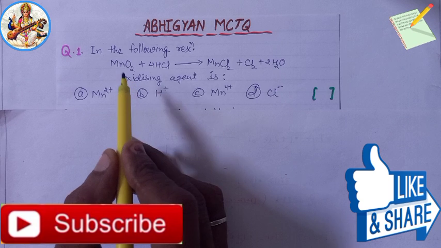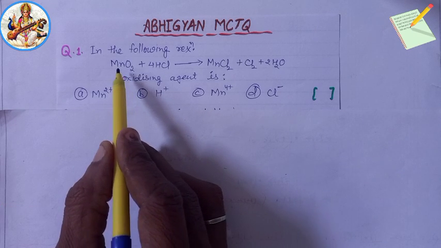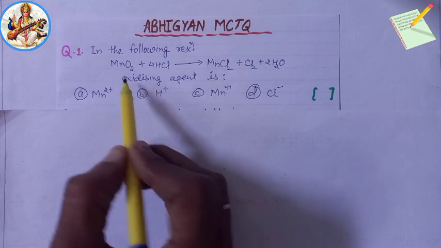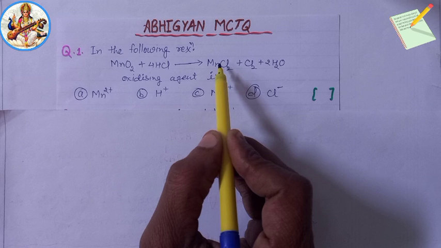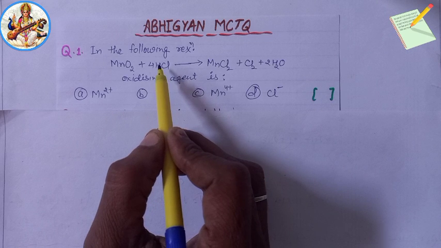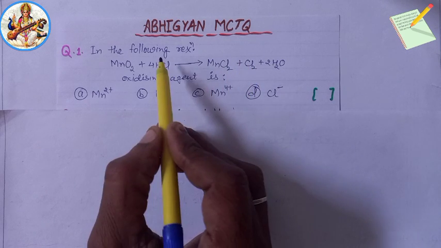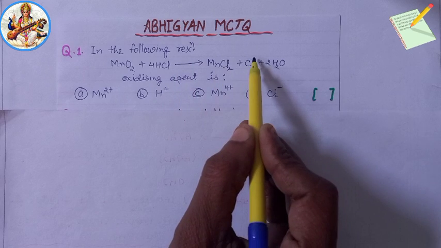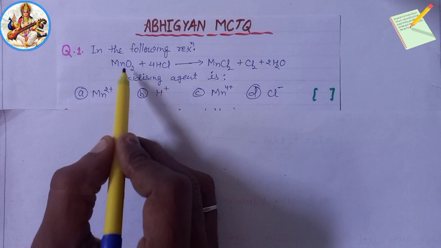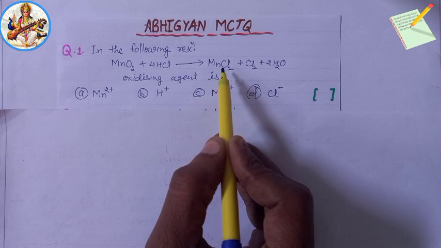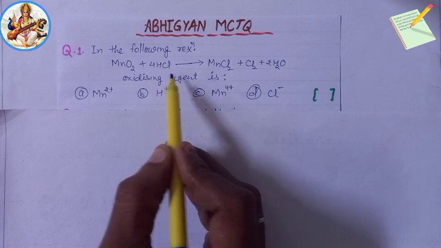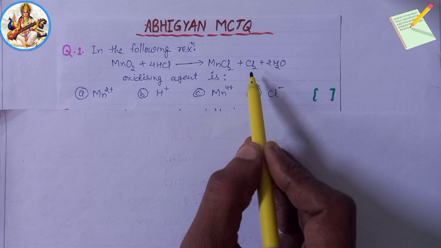So here the oxidation number decreases from +4 to +2, MnO2 to MnCl2, and the oxidation number increases in HCl to Cl2, -1 to 0. Thus, MnO2 is reduced into MnCl2 and HCl is oxidized into Cl2, the chlorine molecule.